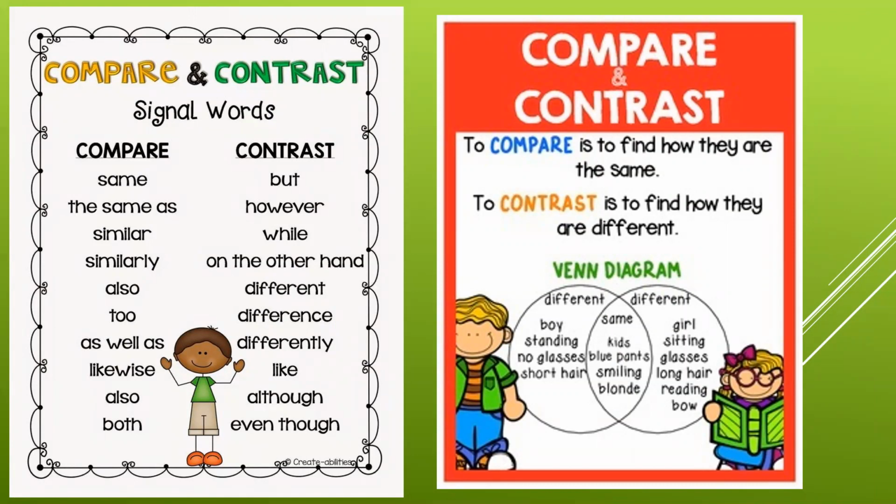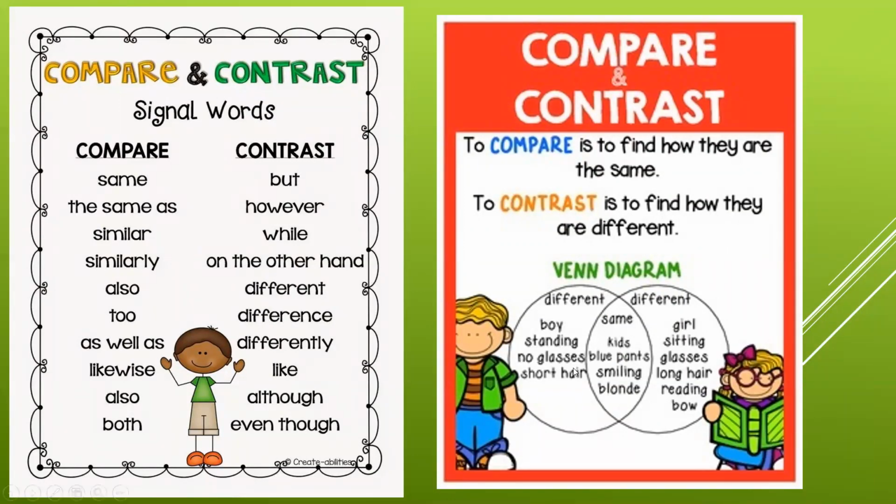So compare means how are these things seen? How are these things or the two things or more than two the same? So what's the meaning of compare? Compare means how these things are the same.